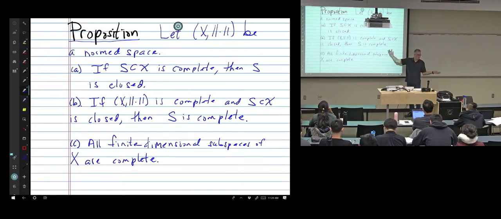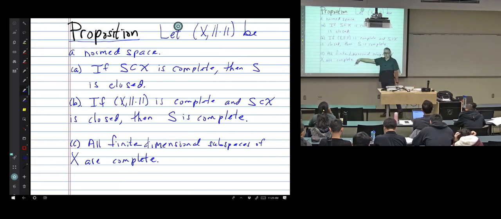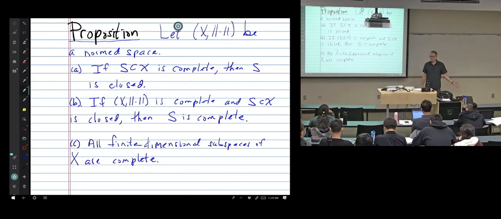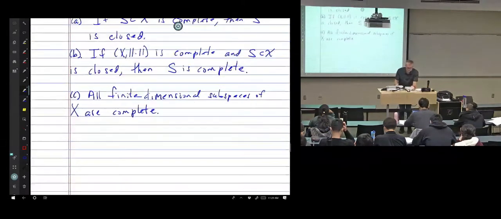Only if it's the whole space, because the whole space is open. But if it's a proper subset, no. The set of polynomials up to degree 27 has dimension 28, so it's finite dimensional. Hence it's complete, hence it's closed, okay? So finite dimensional subspaces of normed spaces are closed. They contain their limit points, okay? Cool.